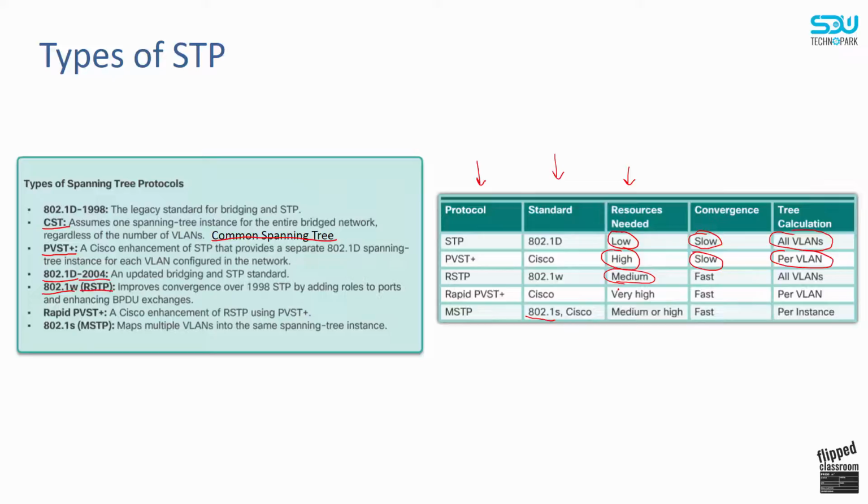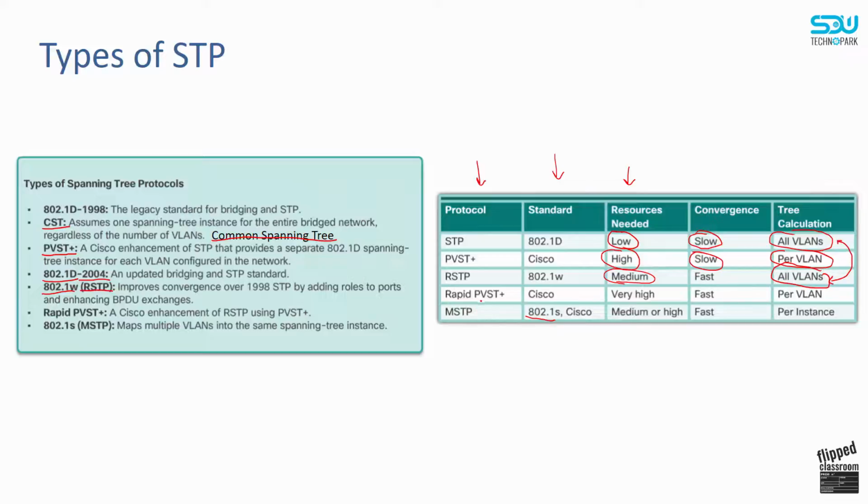When the link is damaged, our alternate or backup port will immediately be placed into the forwarding state, which will work with the BPDUs and with the data frames immediately. And like STP, it also does the VLAN calculation.